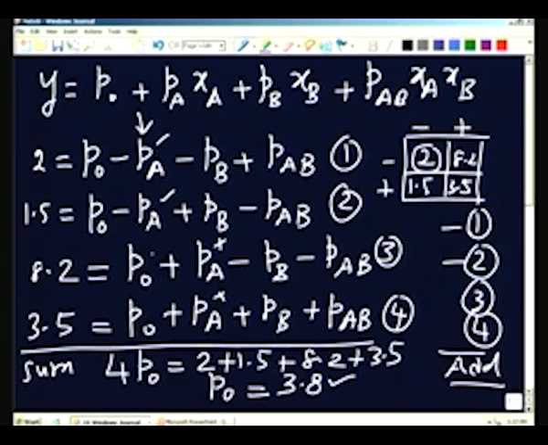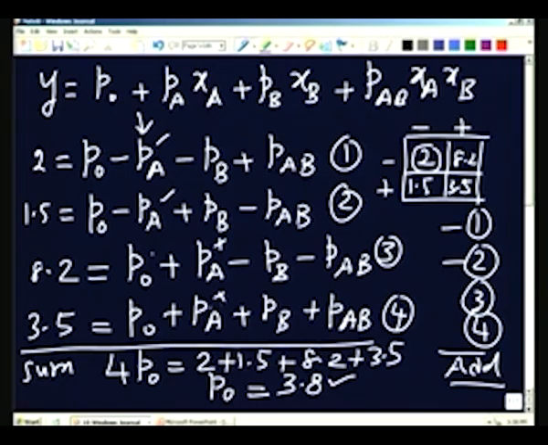So, we take minus 1, minus 2, plus 3, plus 4, add to get P a. Then you can do the same thing with the next one. I have to make this plus and also this plus. So, minus 1, minus 2, plus 3, plus 4, I get P b. So, you see that by very simple arithmetic operations, I am able to get all the values of the parameters.